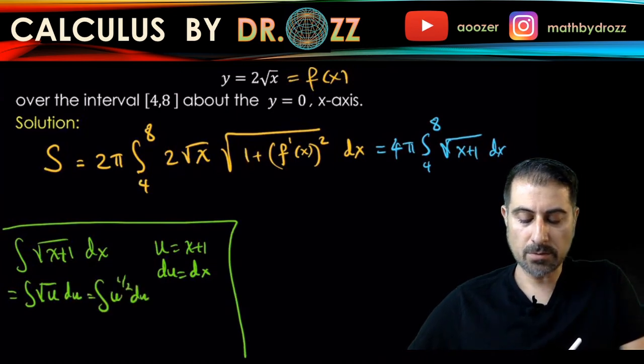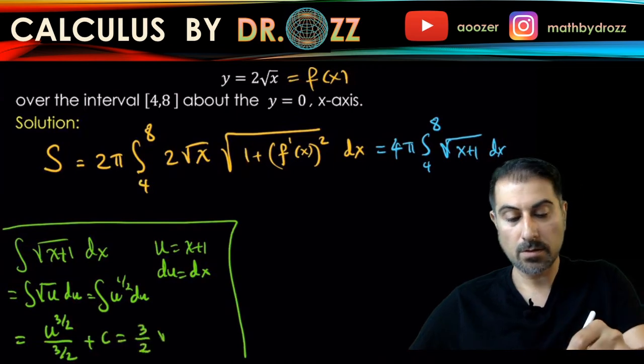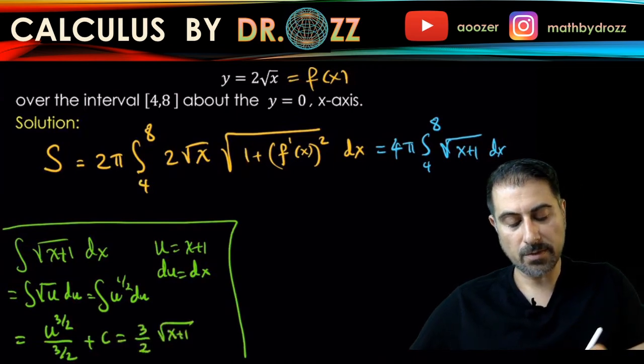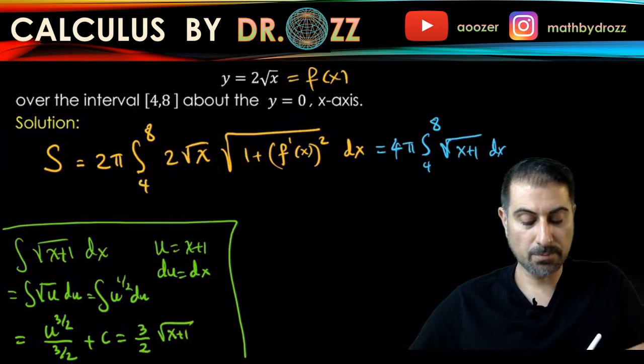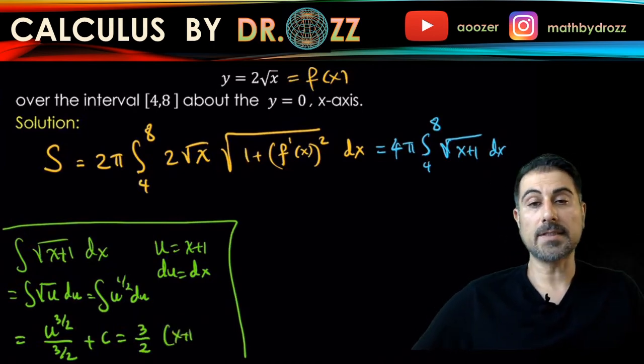So this is u to the 3 halves divided by 3 halves plus c, which is in fact 2 over 3 times x plus 1 to the power of 3 halves plus c.